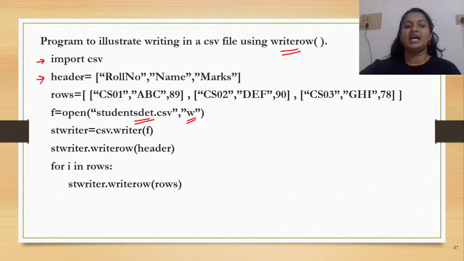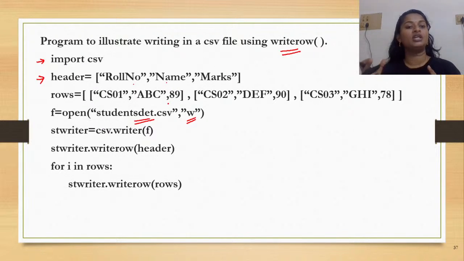Now let me define the header as well as the rows. What are the headers? Roll number, name, and marks. The header is actually a list. And see here, rows are actually the values or records inside your CSV file. Rows is a nested list here, and each content of your nested list is itself a list.